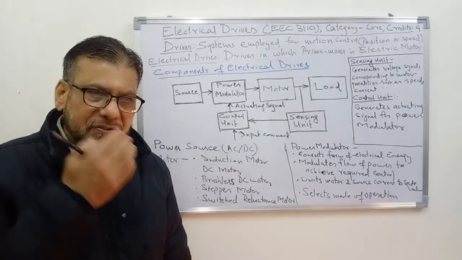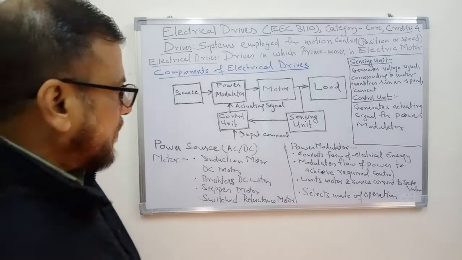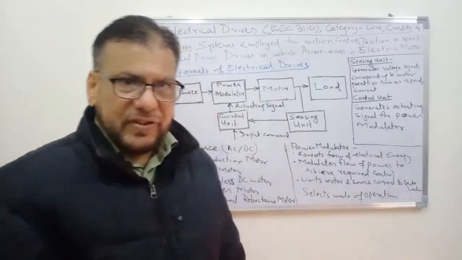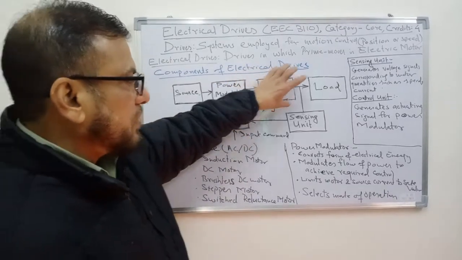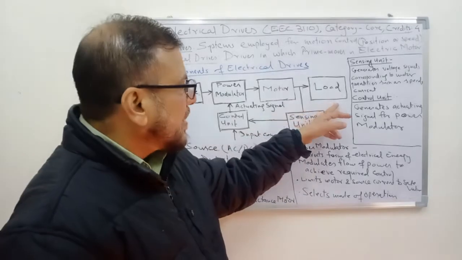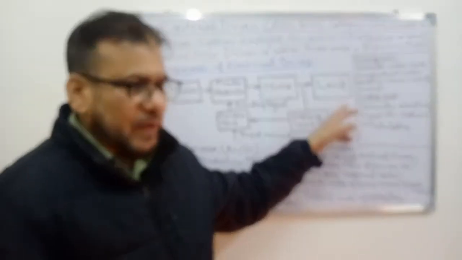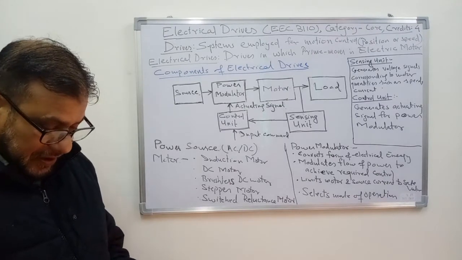At various speeds the torque requirement changes. So what are the different types of load characteristics? Because actually you have to match the characteristic of the motor with the load. So you must know what is the characteristic of the load. So we shall discuss the various load characteristics.